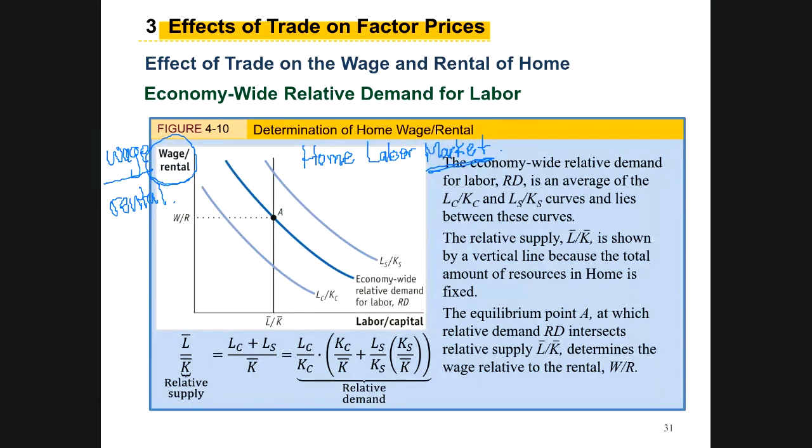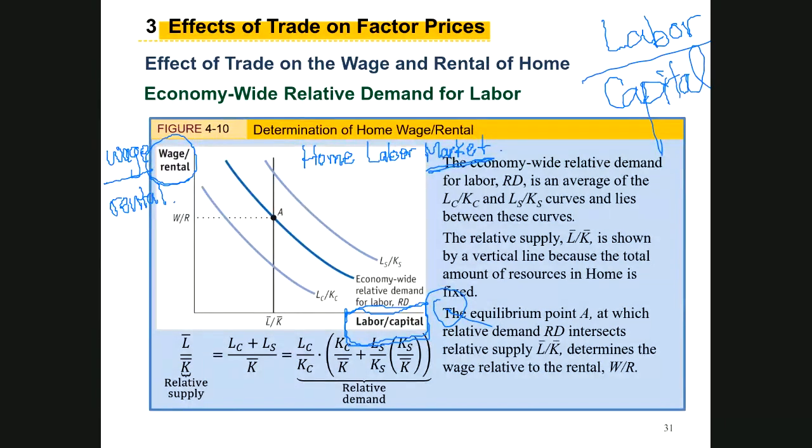What is the horizontal axis that we usually put if we use equilibrium analysis, supply and demand? It's the quantity, and quantity in the trade model is in relative terms as well. So what's the relative term of the two factors? That's the amount of labor divided by capital.